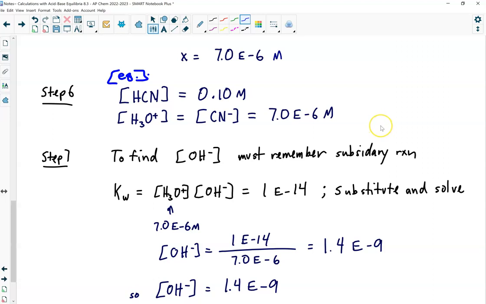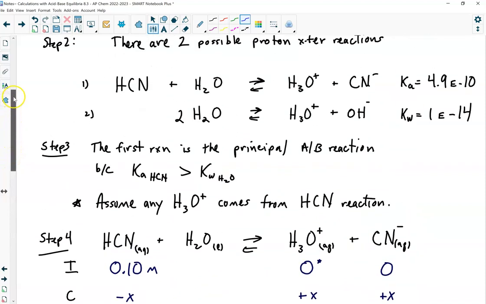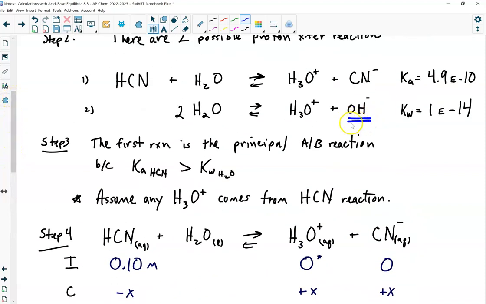Now, often you have to find out what the concentration of OH minus is going to be. This is a good one, because you know that there is some OH minus in here because of water. But think about this. When HCN produces a hydronium, it's producing a common ion to the second subsidiary reaction, isn't it?